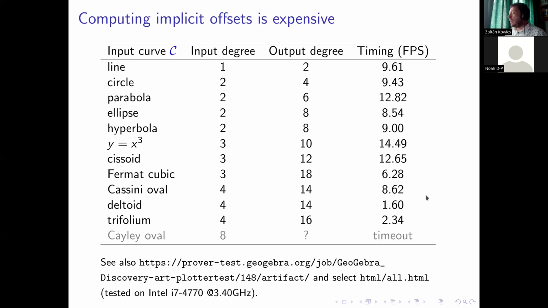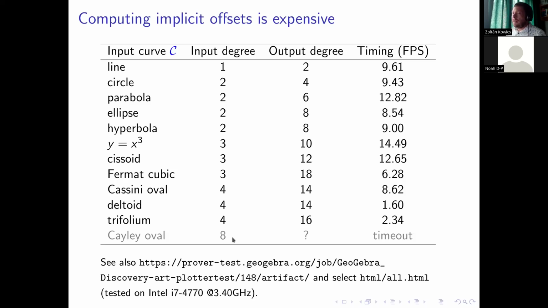Well, you may want to know if it's a simple process or it requires a computational challenge. Yes, it's expensive. So the input degree can be seen here in the second column for some special tests, but you can see that sometimes they are quite slow. For example, if you want to compute the deltoid curve's offset, it's well, okay, so you can see it's slow.